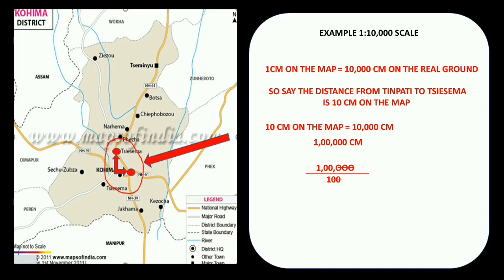What is map reading? Map reading is basically knowing what a map is, because when we draw a map, we can't draw a hilly area on a flat surface, right?